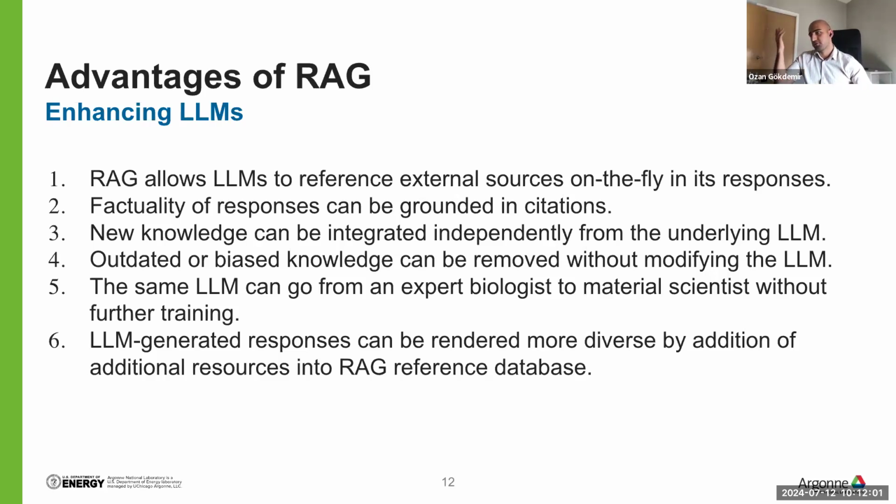Also, LLM generated responses can be more diverse by adding additional resources into the RAG reference database. So maybe content that couldn't make it into the initial pre-training data can be introduced to the model to make the answers more diverse, which is very helpful in endeavors like science.